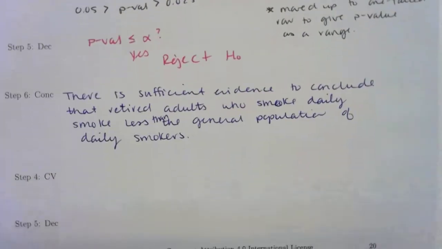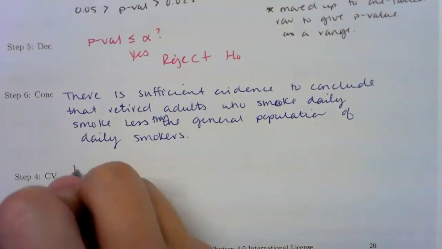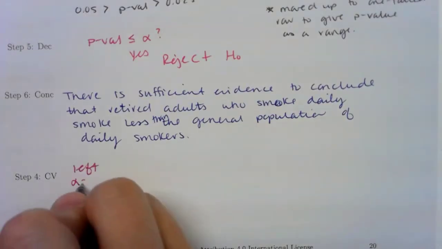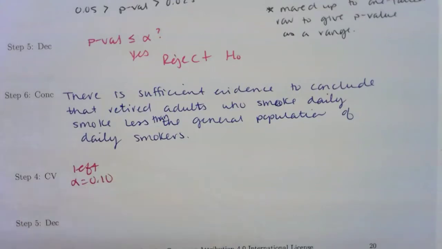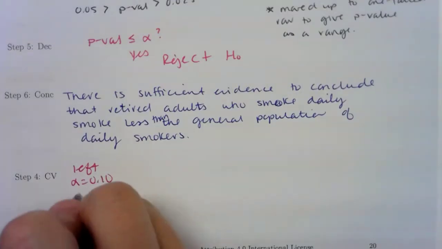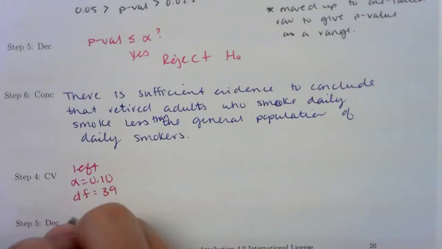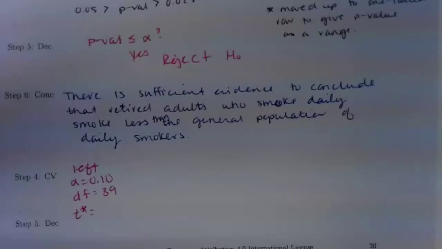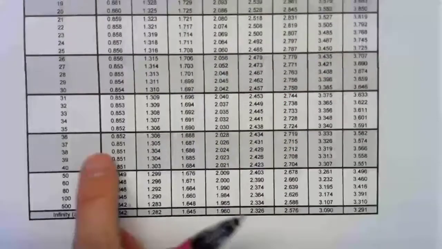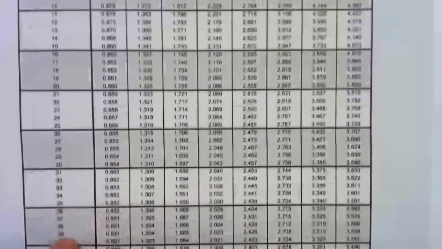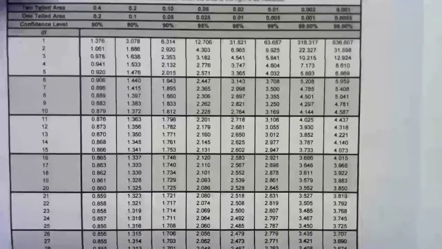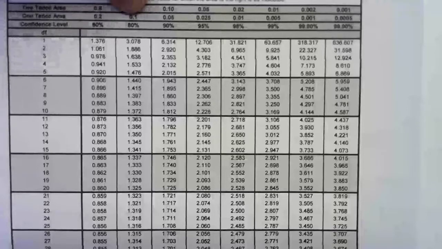All right, and lastly, let's find our critical value and make a decision. Previously, we needed to know the tailedness and alpha. And because we're at the t-table, we also need our degrees of freedom. So let's match our df with our one-tailed alpha of 0.1.